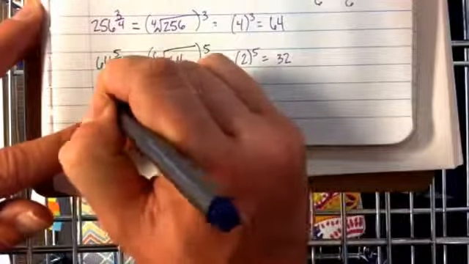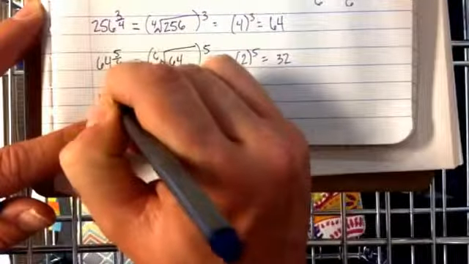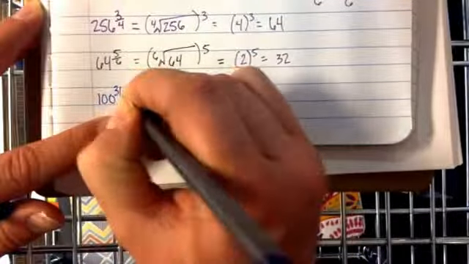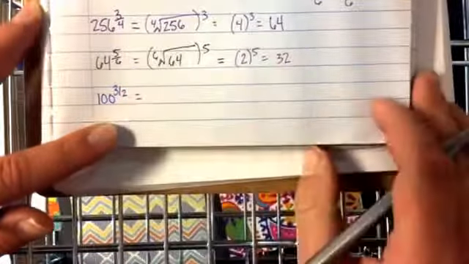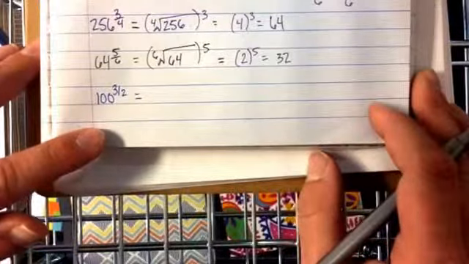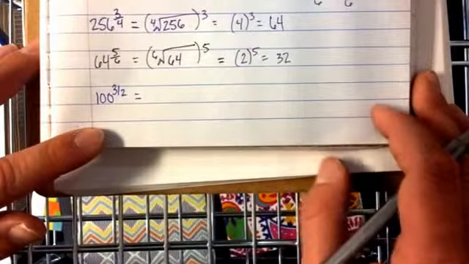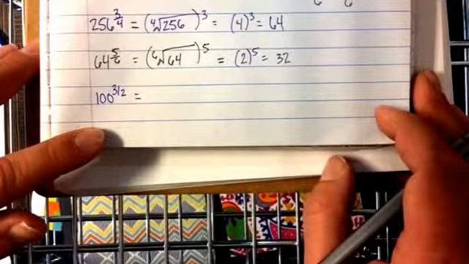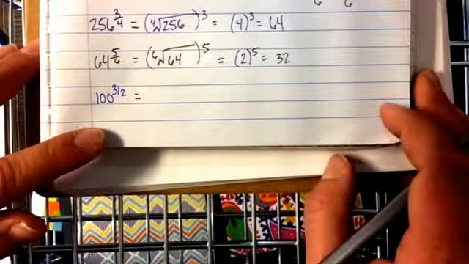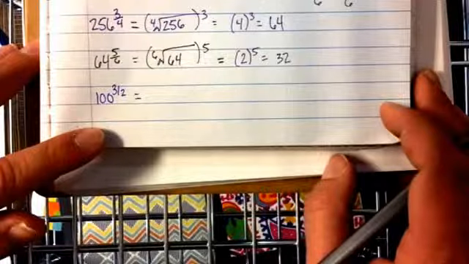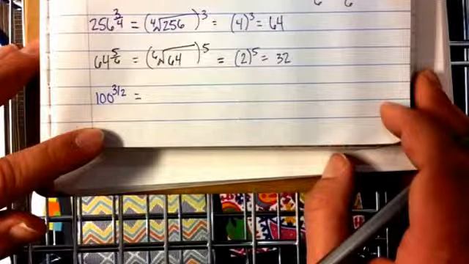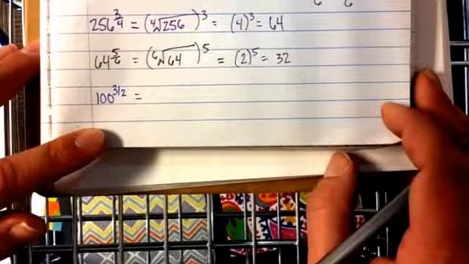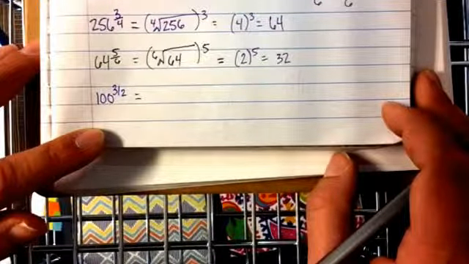One more. We have 100 to the 3/2. What does that equal? Somebody new. I'll just answer myself. Pick Valencia?